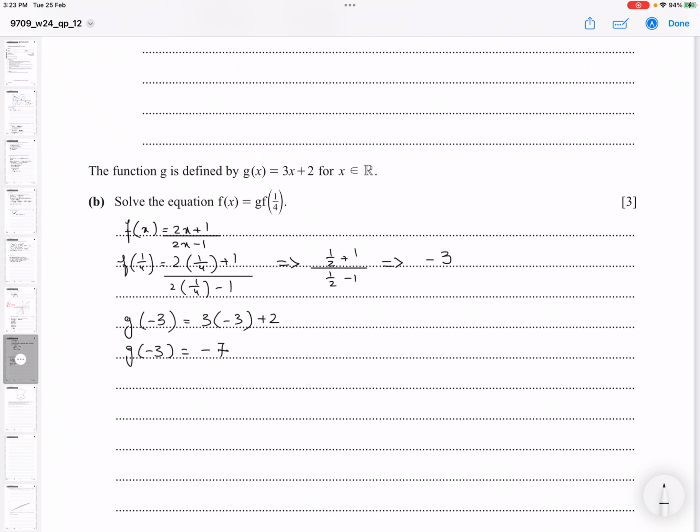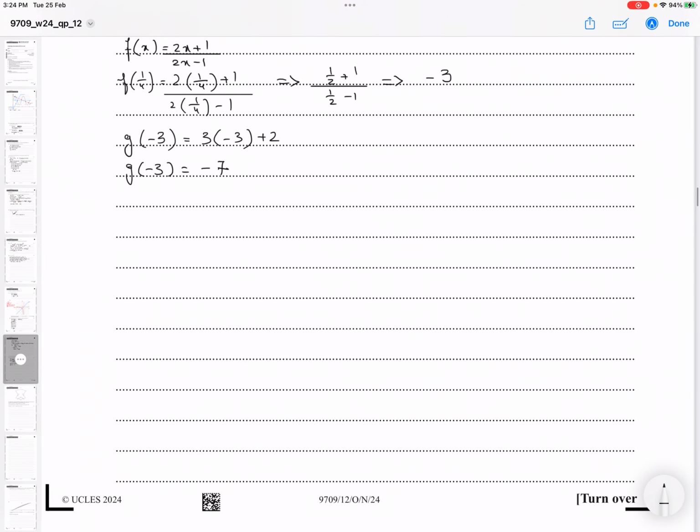Now f of x equals g of f of 1 over 4. So I can write my f of x is 2x plus 1 over 2x minus 1 equals g of f of 1 over 4, which is my minus 7.